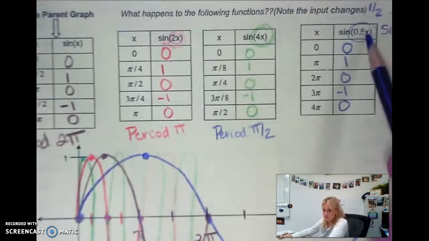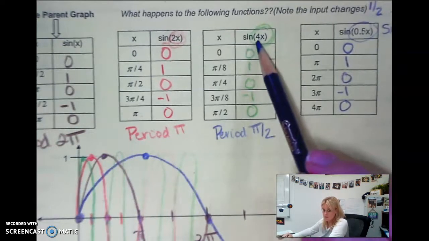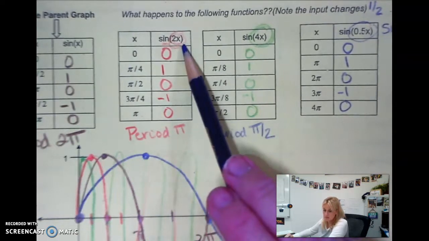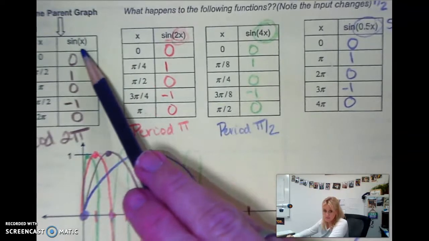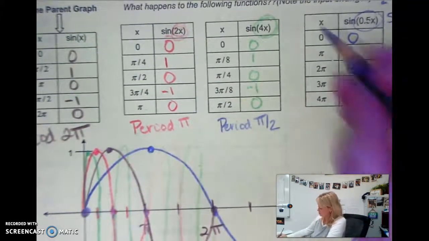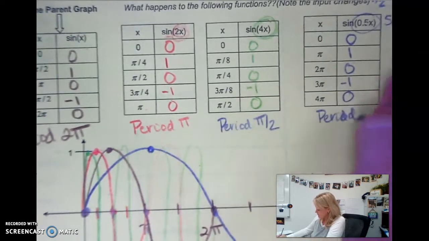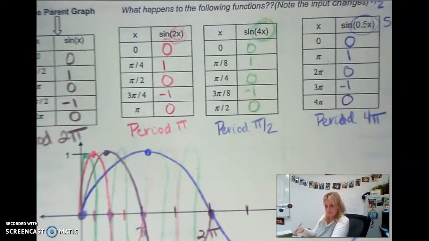Half of the wave is done by the time I get the parent. 4 waves are done by the time I get the parent. 2 waves are done by the time I get to the parent, and I only had 1 wave done here. So that's another way to look at it. The period here is 4 pi. It took that long to complete the cycle.